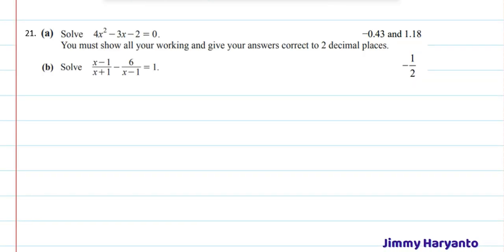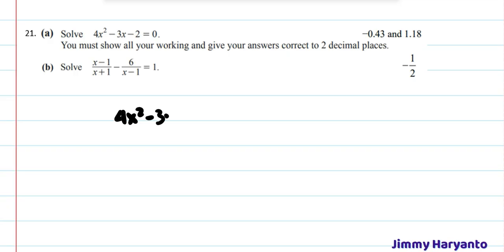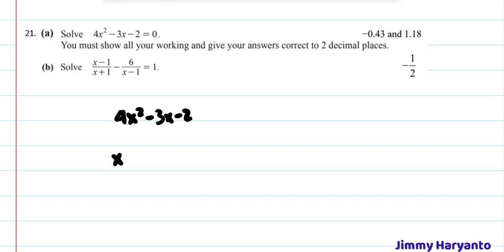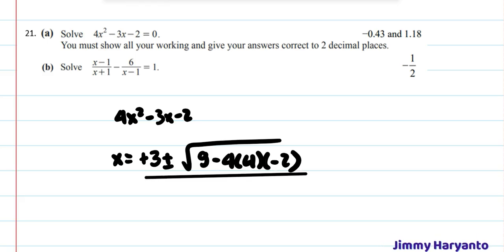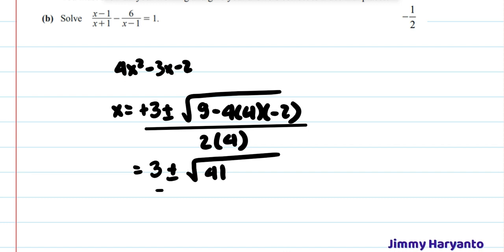Next is 21. For question 21, you have to solve this: 4x squared minus 3x minus 2. The question already told you that the answer will be in decimals, so you have to use the formula: minus b plus minus square root of b squared minus 4 times a times c, over 2a, equals 3 plus minus square root of 41 over 8.